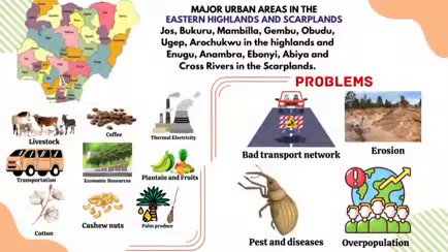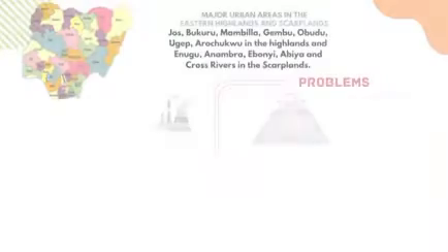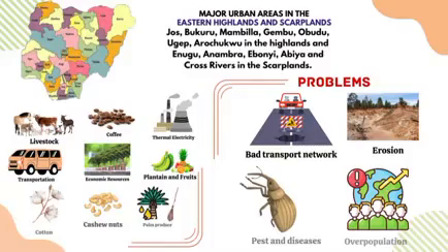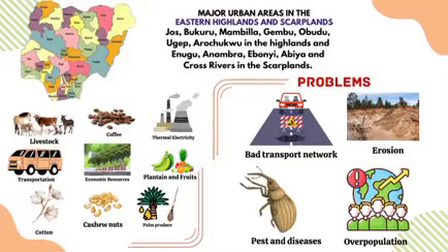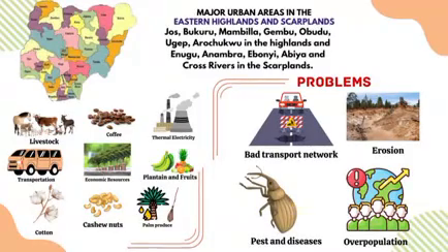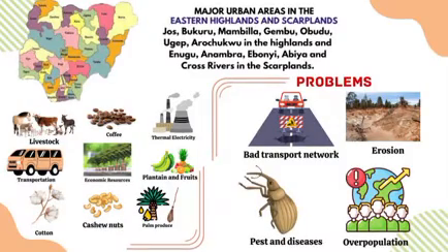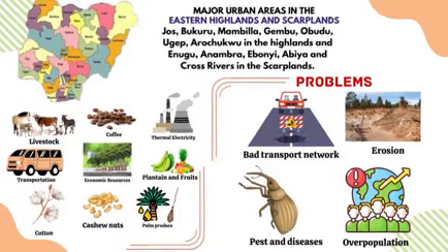In the highland, the temperature is about 20 degrees Celsius to 25 degrees Celsius, and rainfall is about 1,800 millimeters per annum. In the Scarpland, the temperature ranges from about 24 degrees to 30 degrees Celsius, and rainfall is almost the same.